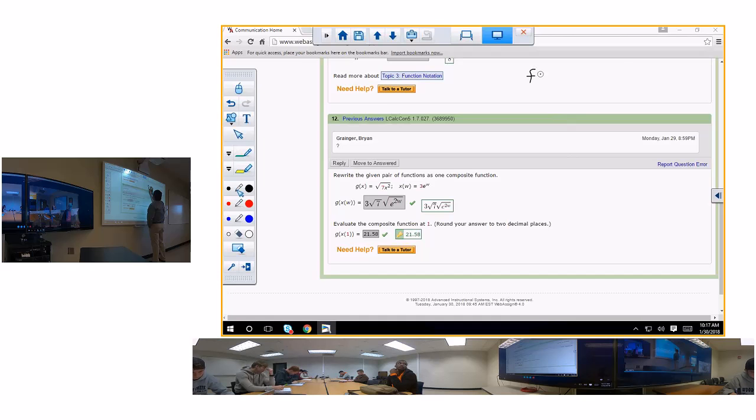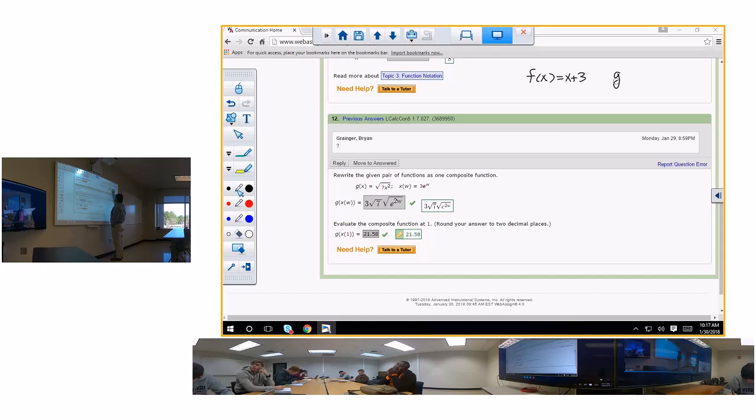f of x is equal to x plus 3. g of x is equal to, I'm going to do something, square root of x plus 2. Okay? Now, if I tell you to write f composed of g, that's f of g.